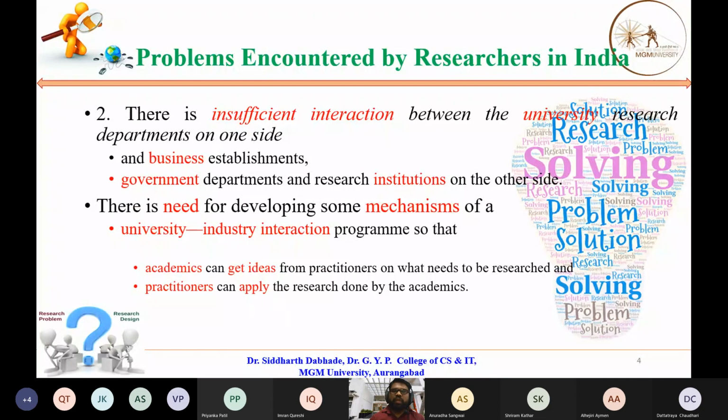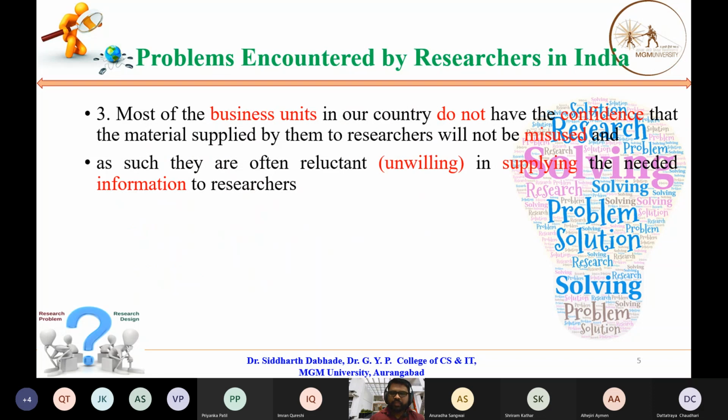They are not able to provide facilities to other students or other research departments. Because of that, they are not going to provide good quality research. That is one of the major problems faced in India: insufficient interaction between the university and other people.